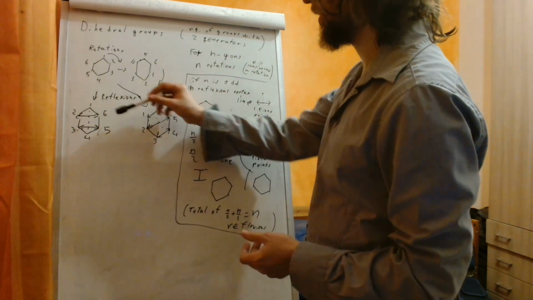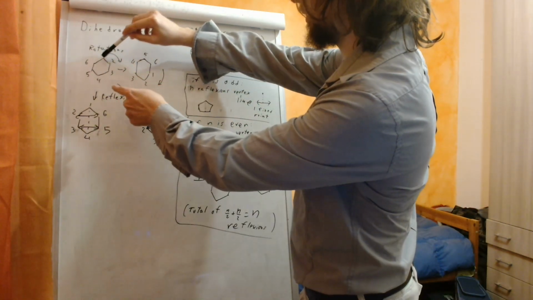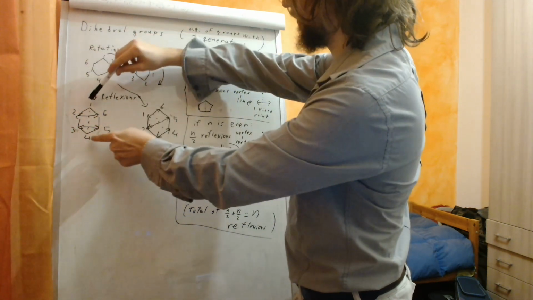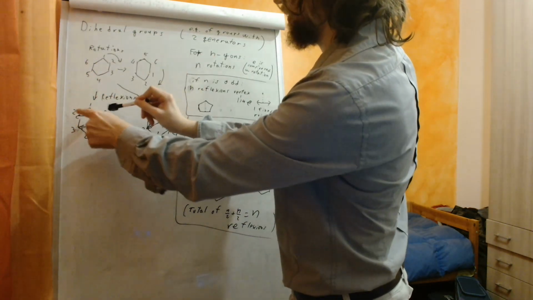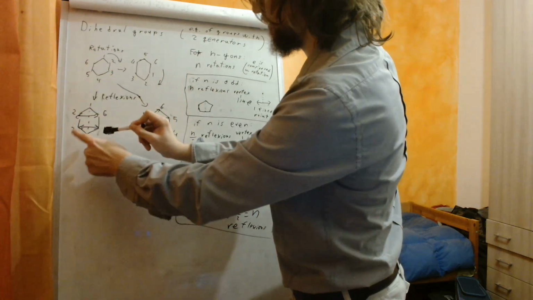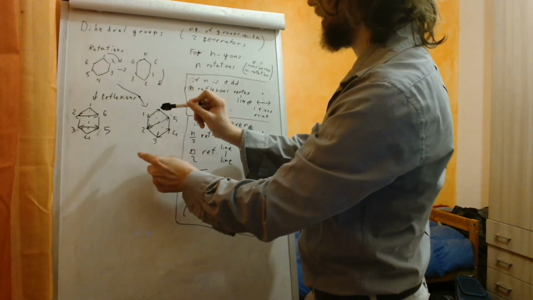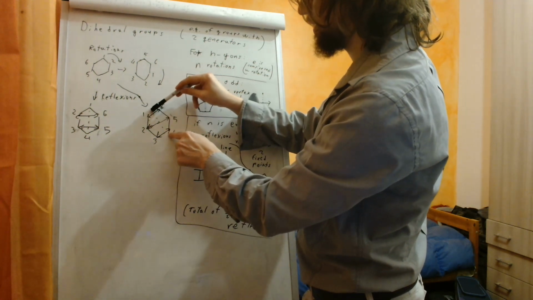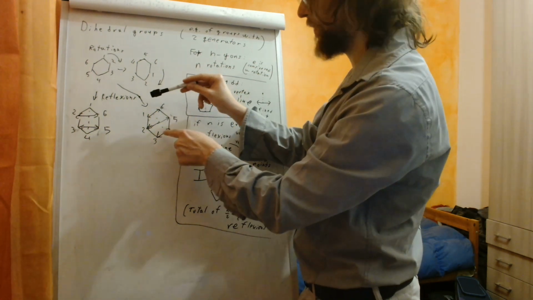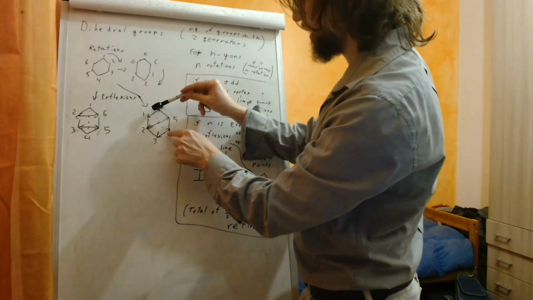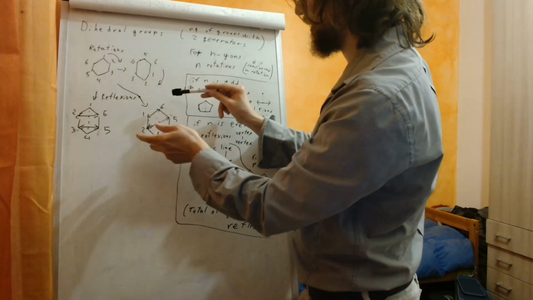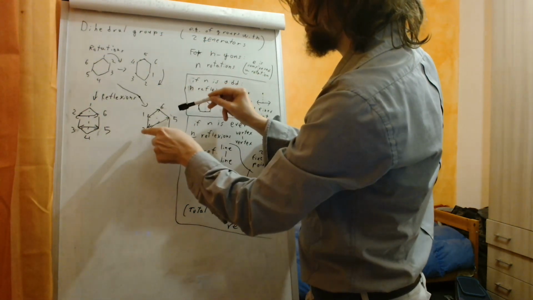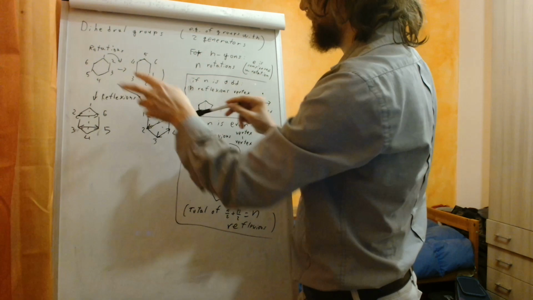For example, this is the reflection through this line which fixes 1 and 4 and switches 2 with 6 and 3 with 5. This is a reflection along this line which does not connect two vertices but two edges, and it does not fix any point. It switches 1 with 6, 2 with 5 and 3 with 4.